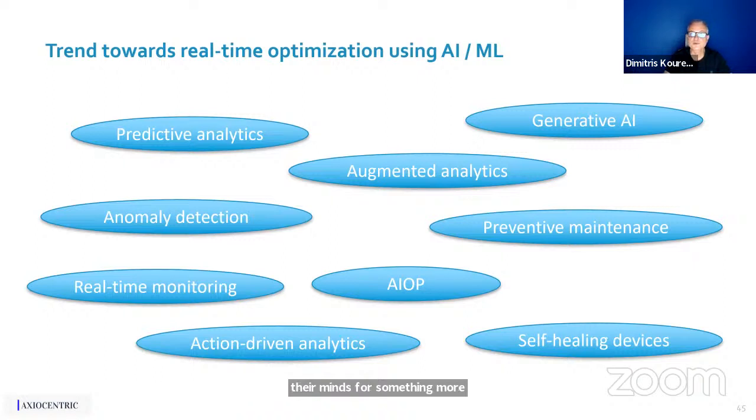So we need to use AI and machine learning, which is available and rather cheap today, to have this kind of real-time optimization. If you don't think about constant optimization and real-time optimization, you live in the previous century.